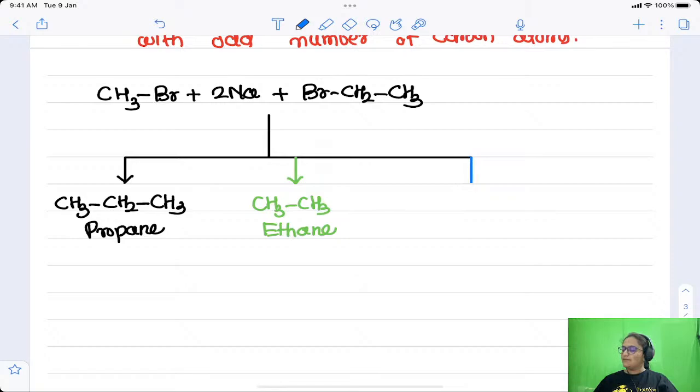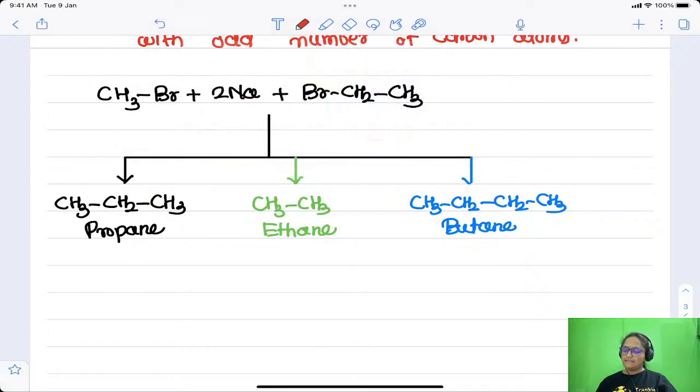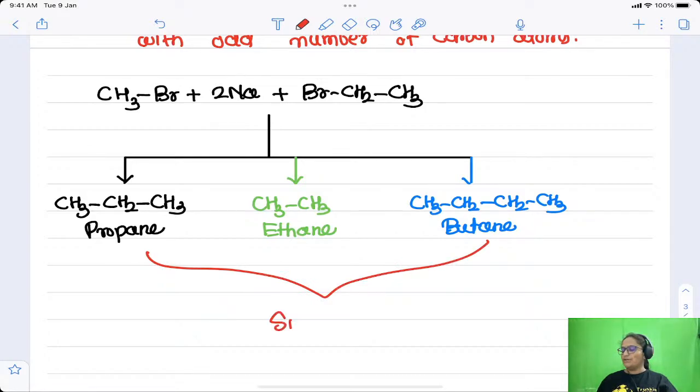One more product can be produced: the ethyl bromide can combine with another molecule of ethyl bromide and give CH3CH2CH2CH3, which is nothing but butane. So we will get a mixture of different alkanes. As we know, they have similar boiling points, and alkanes are very unreactive in nature.